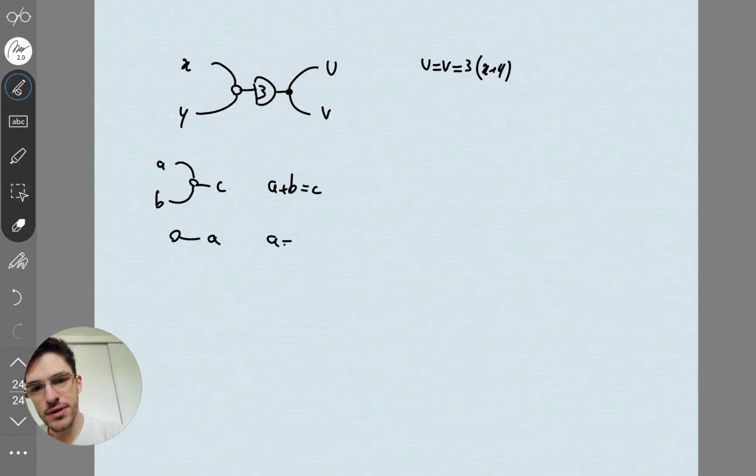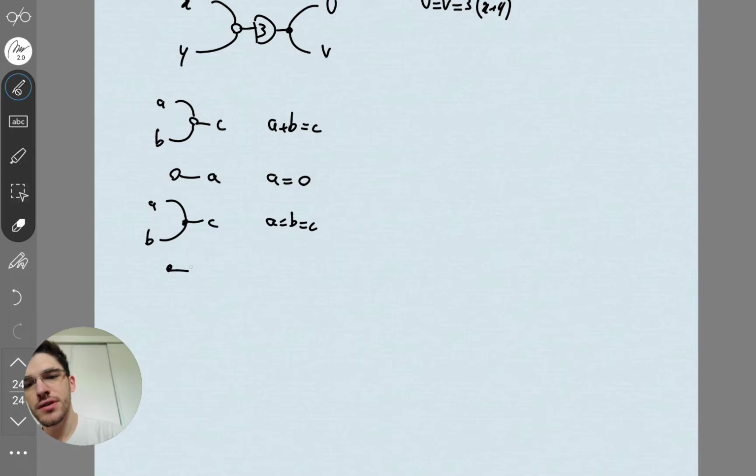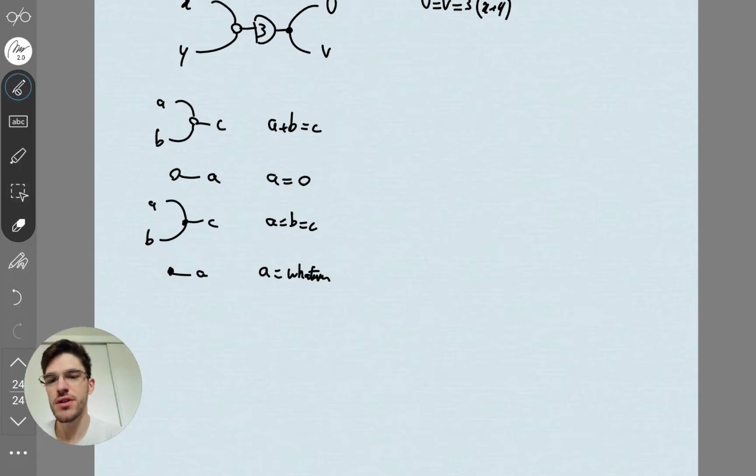Okay, this one is a equals 0. This one is equality. That's a equals b equals c. This one is an interesting one that I could talk about for a while, which essentially says a equals whatever. So essentially, this is an equation that is true of any a.